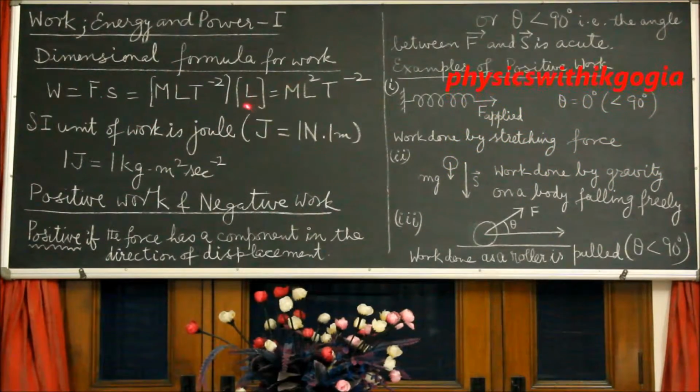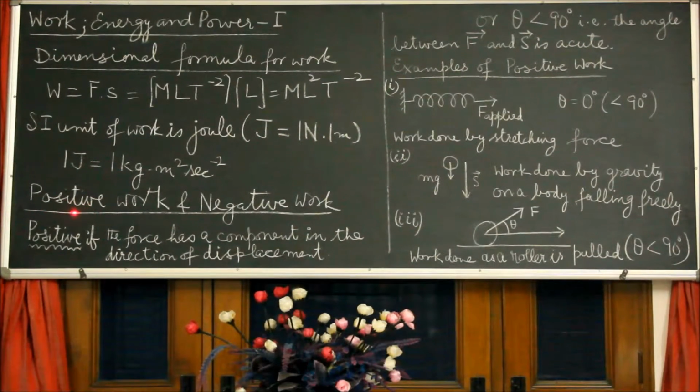For distance, we write L. So the dimensional formula for work is M L square T minus 2. The SI unit of work is joule. The symbol is capital J, and it is 1 Newton for force multiplied by 1 meter. 1 joule is 1 Newton into 1 meter, or from the dimensional formula it is kilogram meter square second minus 2.